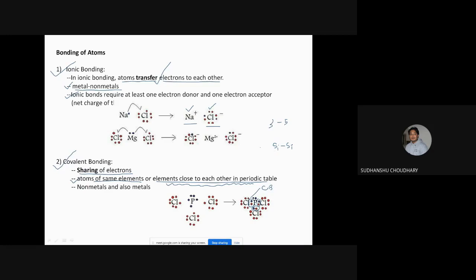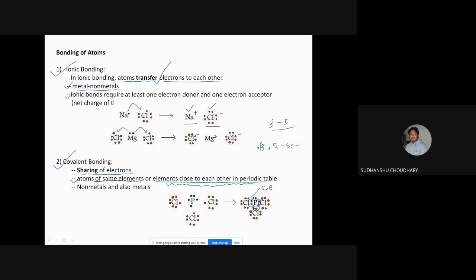Right? Group 3 means, for example, boron, which has 3 electrons in the outermost orbit, right? So maybe one here, and let us say one over here. And silicon has how many? Yes, so sharing of electrons is possible over here between boron and silicon, and similarly group 5, that is maybe antimony, phosphorus, or arsenic.